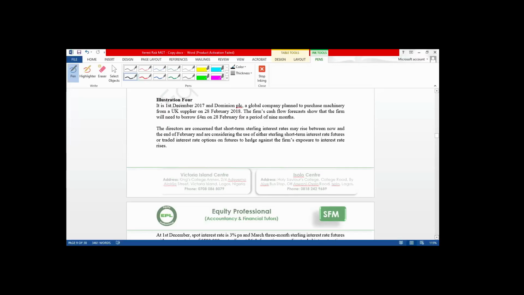They plan to use sterling short-term interest rate futures or traded interest rate options on futures to hedge against the firm's exposure to interest rate rises.